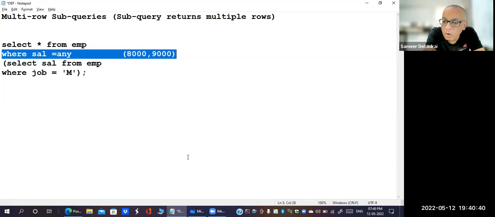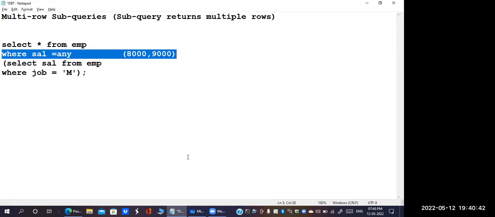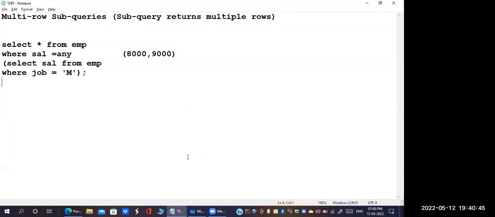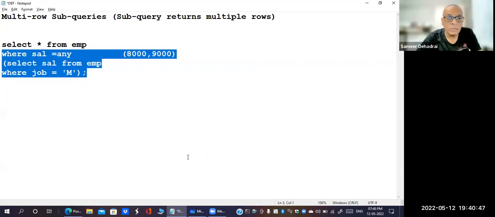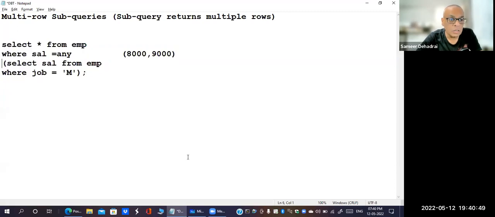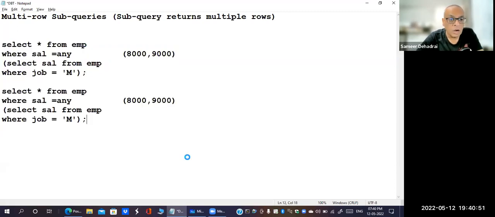What is faster than the any operator? The in operator, sir. That's right. A second solution, a faster way of doing it, I can say where sal in. Note down. Where sal in.